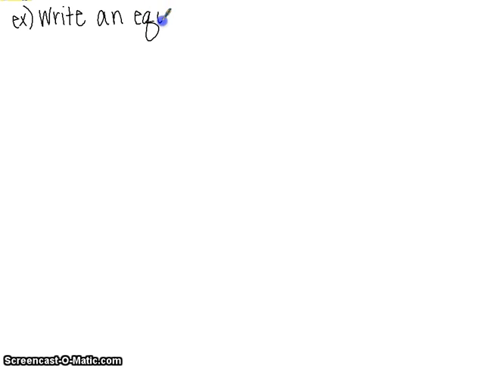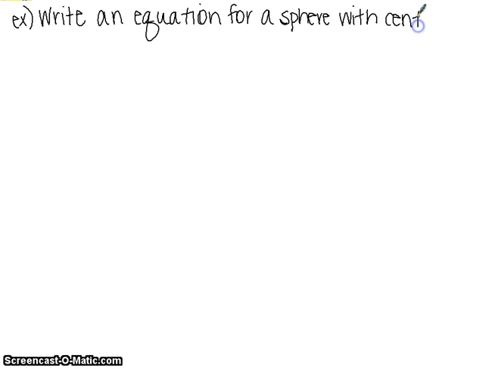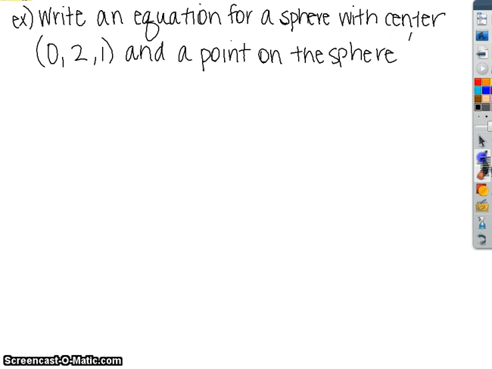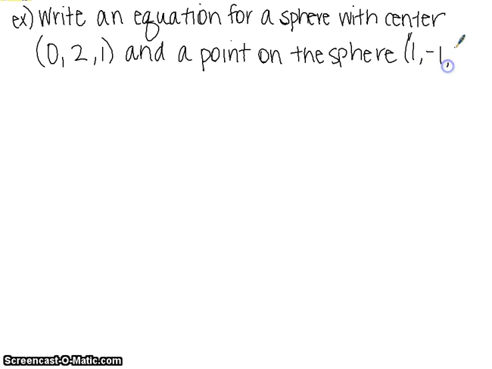Write an equation for a sphere with center at 0, 2, 1 and a point on the sphere at, oops, not negative, how about positive, 1, negative 1, 3. Okay, so this one's going to be a little bit different because we don't have the radius.